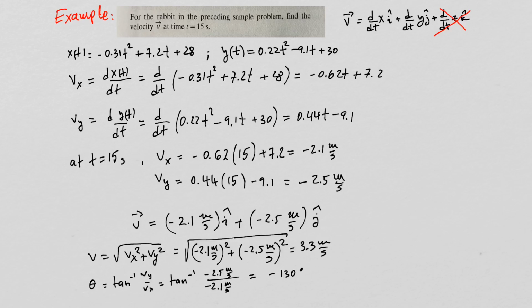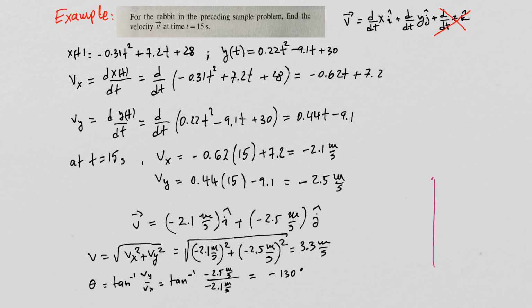And so if I draw the velocity vector in an xy coordinate system, let's do it right here, you can see from the two components that this vector is going to be in the third quadrant.